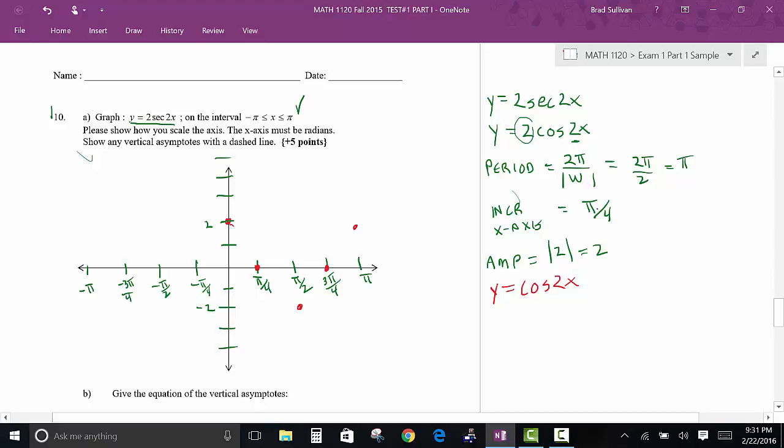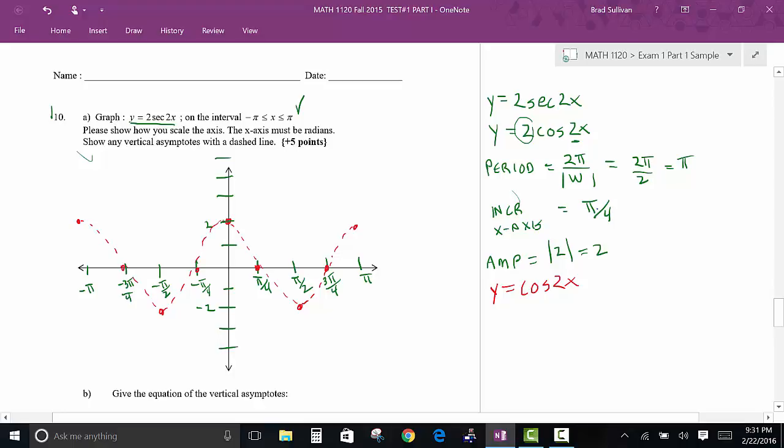So that would take you through basically one cycle of the cosine. Okay, then what you do is just kind of back up on this and do this like this. All right, so we get that taken care of like that.